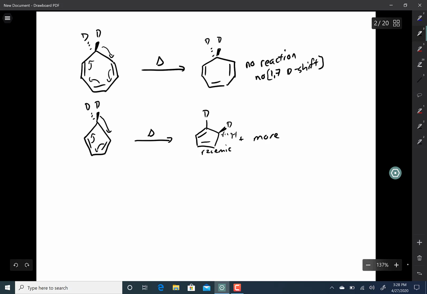It could be a hydrogen shift, it could be a deuterium shift, and it just keeps going and gives you a mixture of isomers. This one would be a 1,1. We've got to encircle all of the arrows. This would be a 1,5 shift. Now this 1,5 shift, though, is possible.